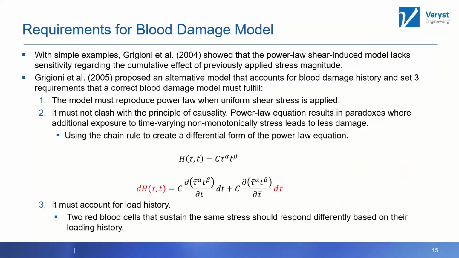With a couple of simple examples, Grigioni in 2004 showed that the power law model lacks sensitivity to the cumulative effect of previously applied stress magnitude. What does it mean?